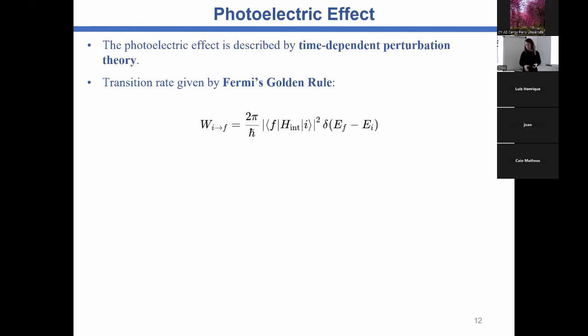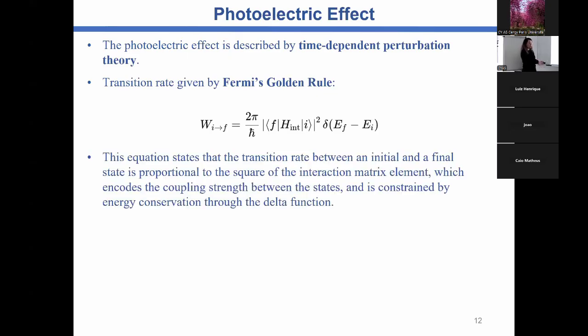So the photoelectric effect can be described by time-dependent perturbation. Here we have this transition through the Fermi golden rule. We have a transition from an initial state to a final state, where we have the Hamiltonian of the system and these eigenvectors that describe the initial system and the final system.